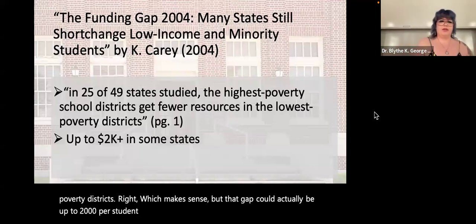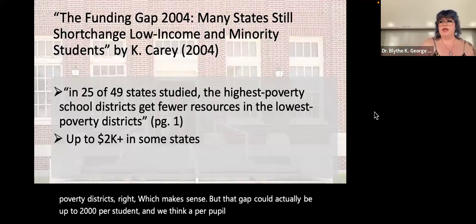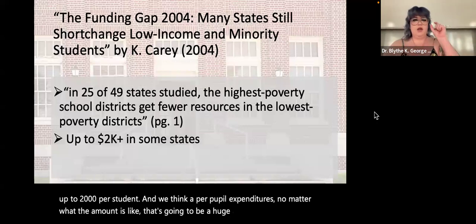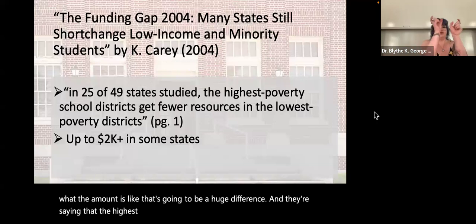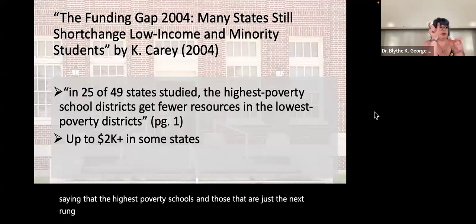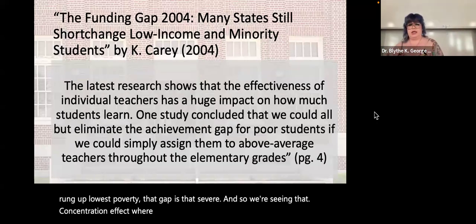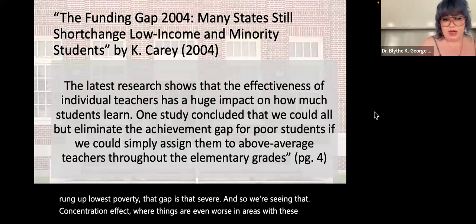And we think of per pupil expenditures, no matter what the amount is, that's going to be a huge difference. And they're saying that the highest poverty schools and those that are just the next rung up, lowest poverty, that gap is that severe.